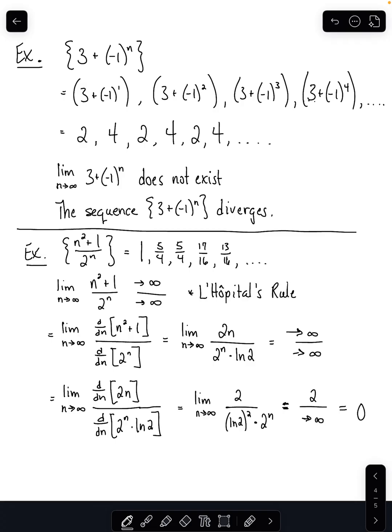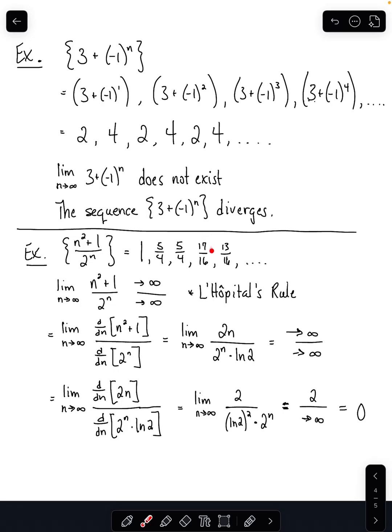Now, looking at the terms of the sequence up here, we can see that the first term is 1, and the next term actually grows. The second term is actually a little bit bigger than the first. And then the third term, instead of growing, it actually stays the same.